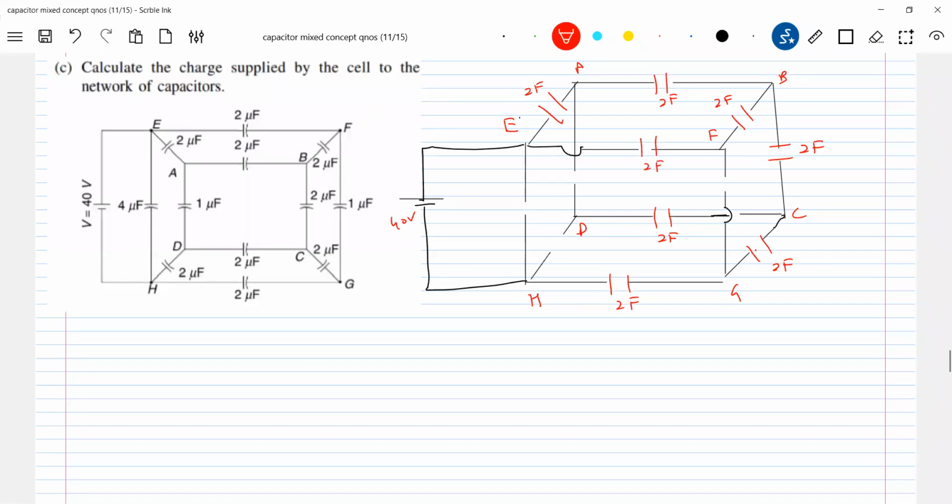EH is 4 microfarad, or 4 farad, you keep it. HD, again, this is also 2 farad. AD, where is AD? 1 farad. I think it's a little bit easy for you now, at least. FG is 1 farad. All the things we brought it. 4 farad, only 1 capacitor there.